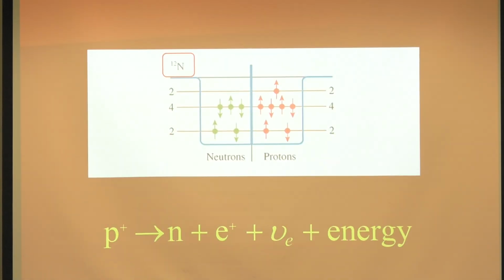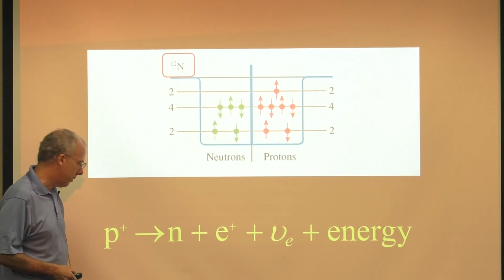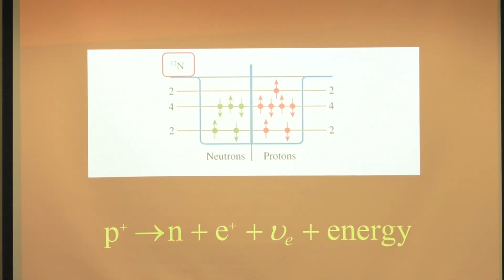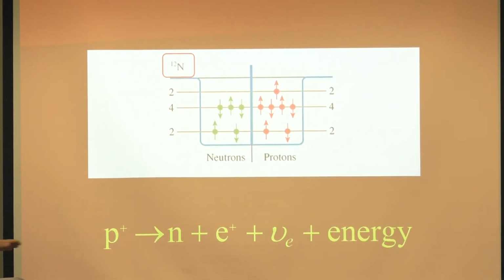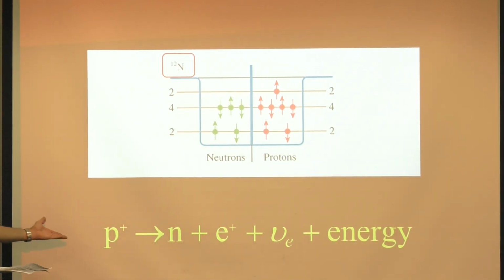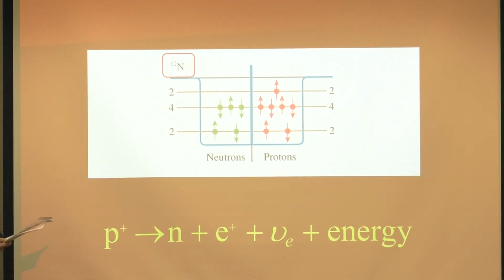Amazing, right? Now, here's a very important question. Which particle has the greater mass, proton or neutron? We just saw that a little while ago. The neutron has the greater mass, right? So how is this thing going to happen? This is not a spontaneous decay.